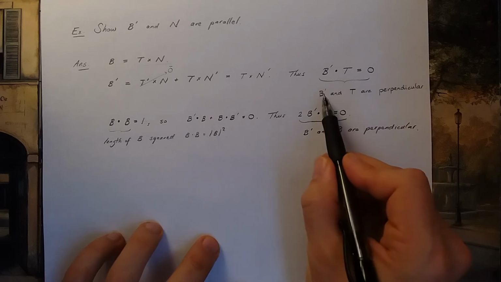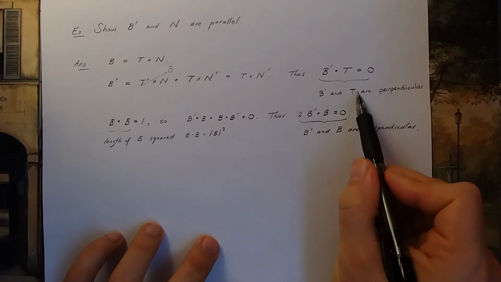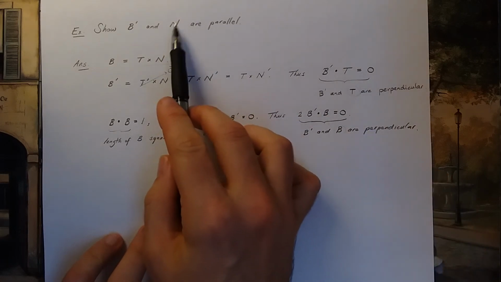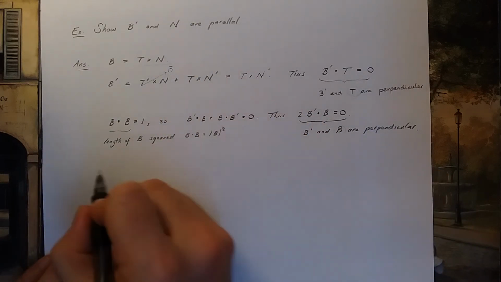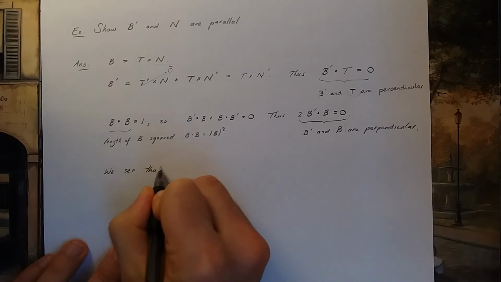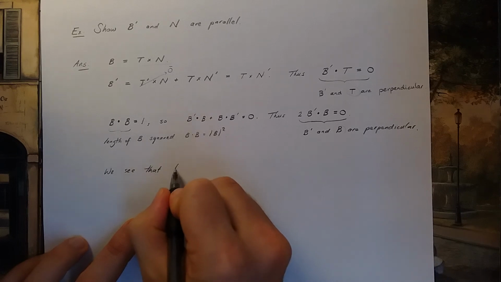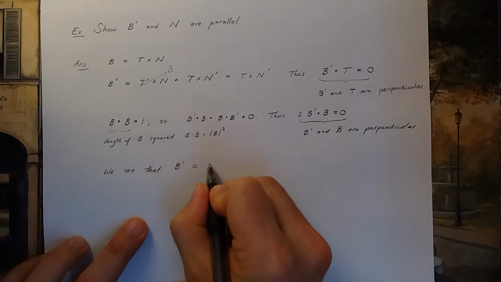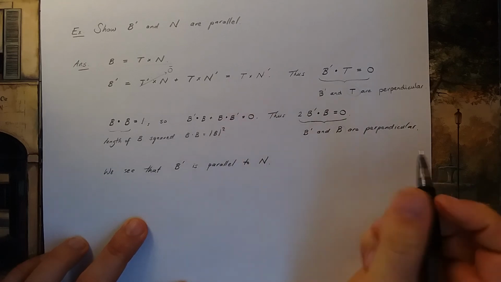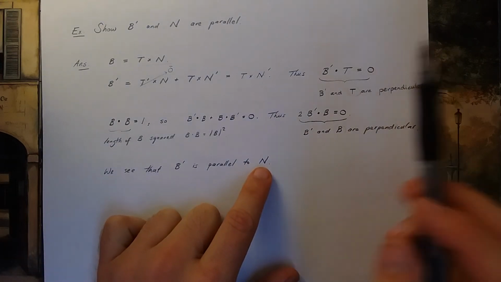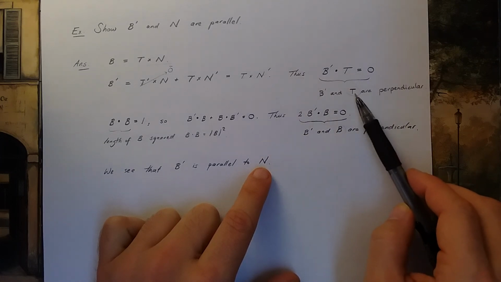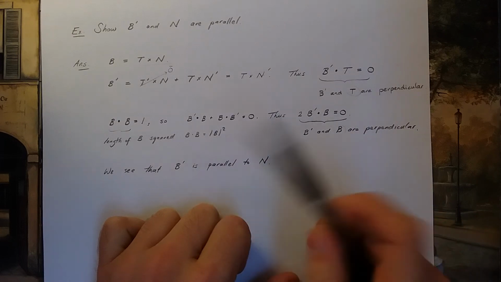B prime has to be something perpendicular to T and B. Well, that's N. So therefore, we see that B prime is parallel to N. Again, because N is the vector in the direction that is perpendicular to both T and B.